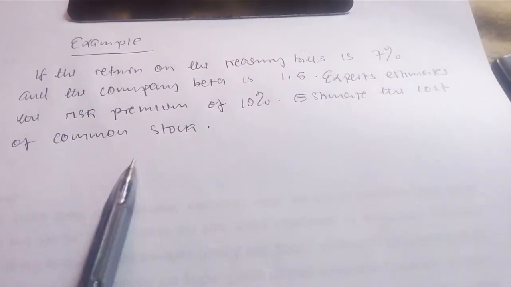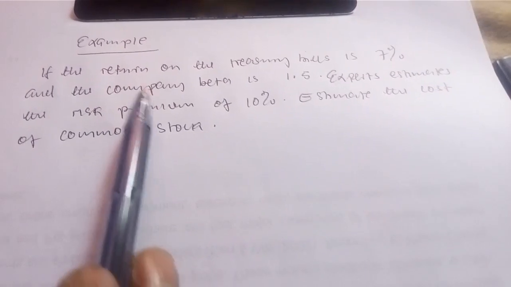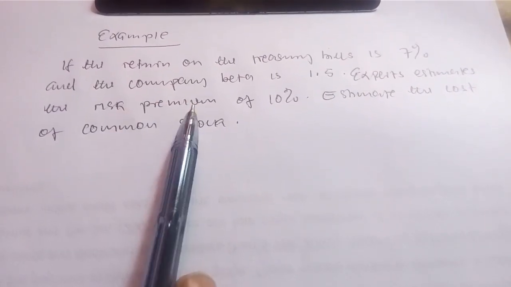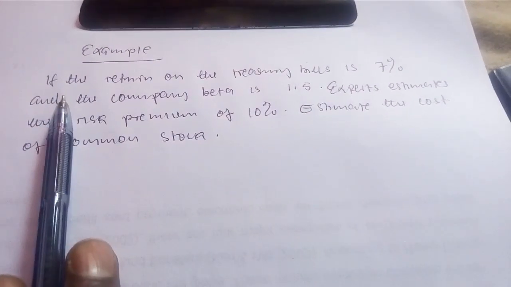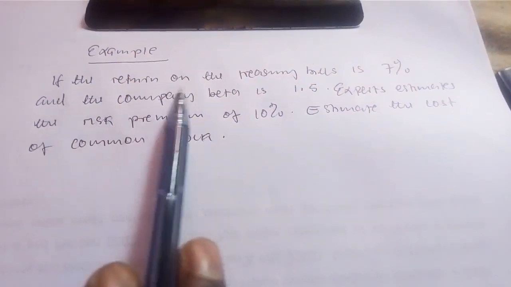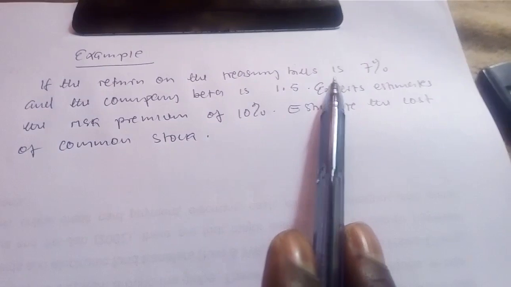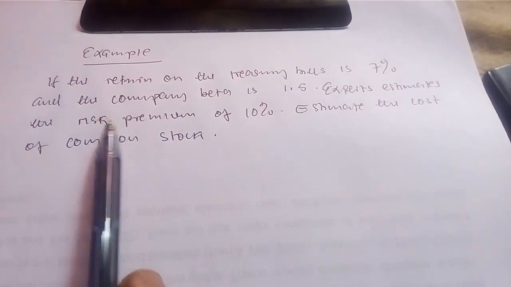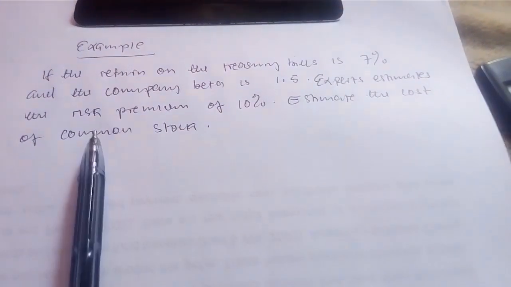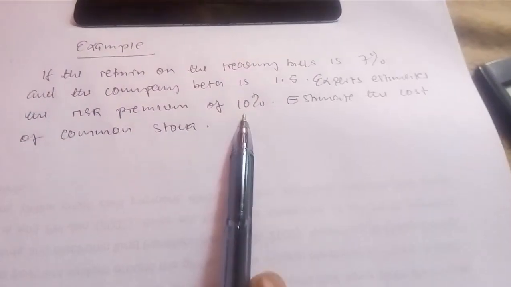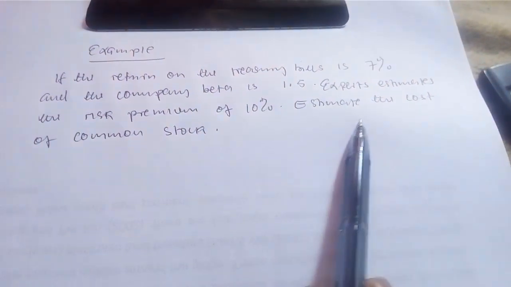A good example of the capital asset pricing model is here. In this scenario, we have a question which says if the return on the treasury bills is 7% and the company beta is 1.5, experts estimate that the risk premium is 10%, then estimate the cost of common stock.